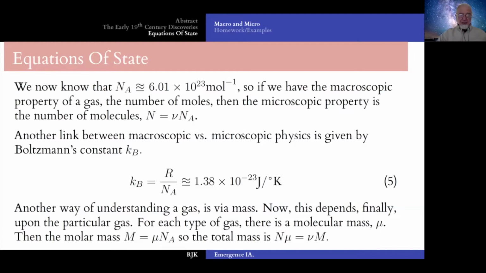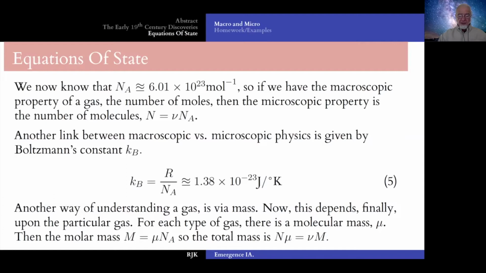Another way of understanding the gas is via the mass. So now we finally go to a particular gas, and let's say it has a molecular mass mu. Then the molar mass is simply the molecular mass times the Avogadro's number.